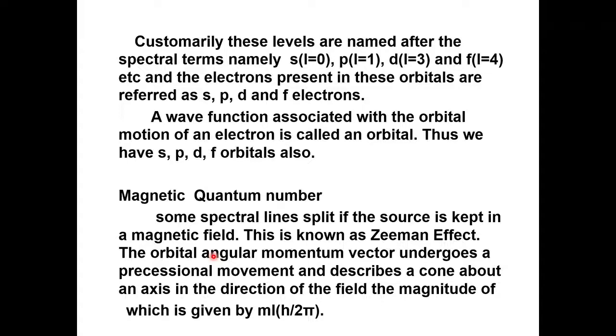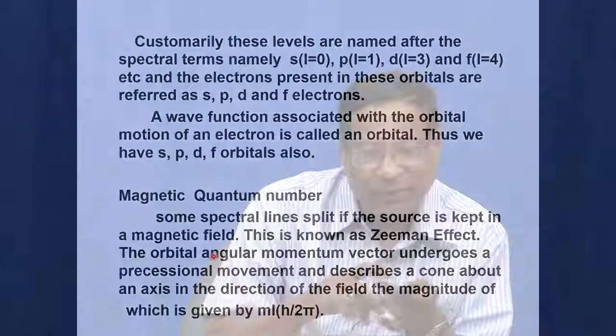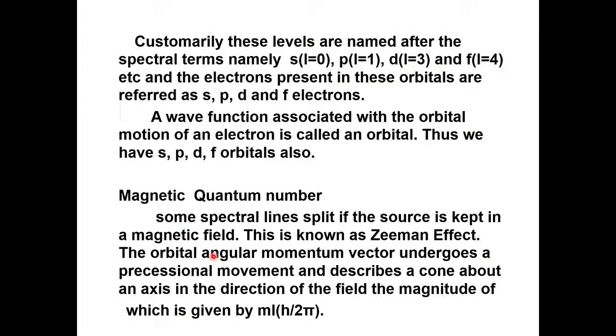Instead of one spectral line, you will see two spectral lines, which is known as splitting. In the absence of a magnetic field, you will see only one spectral line, whereas if you put the same substance in a magnetic field, you will see two spectral lines. That means the magnetic field has a certain effect on the energetics of the electron. This is known as the Zeeman effect.